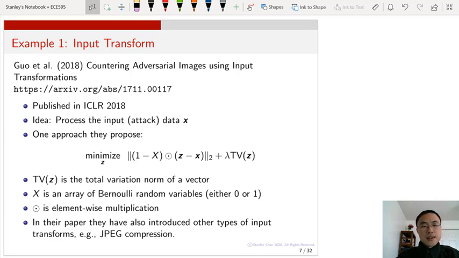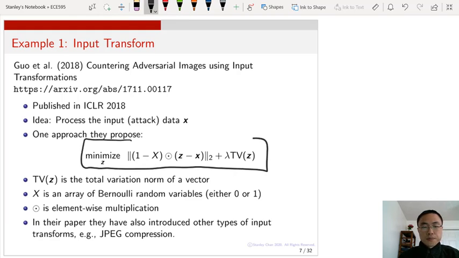So the basic idea of this method is that they are going to solve an optimization as follows. In this optimization problem, X is the noisy input, and the optimization variable is Z. So they're trying to find a Z such that this overall objective function can be minimized.